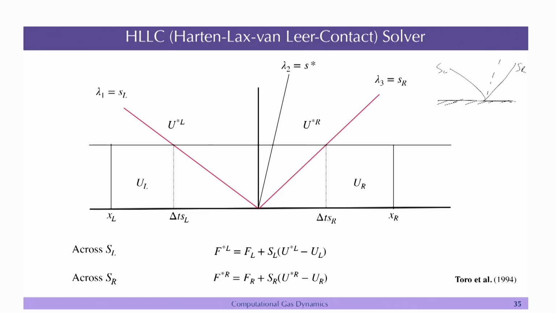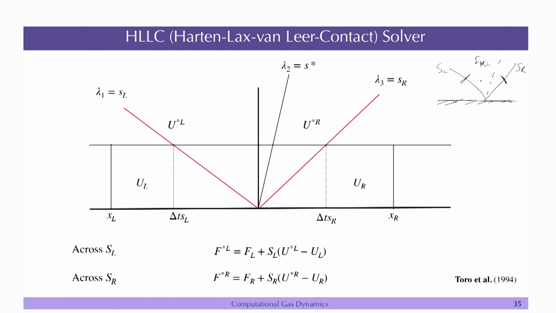Based on that we found F_HLL by using the Rankine-Hugoniot condition across SL and across SR. But because you are ignoring the contact discontinuity altogether, any flow which has this discontinuity will not be resolved properly. So, that is one of the issues of HLL.